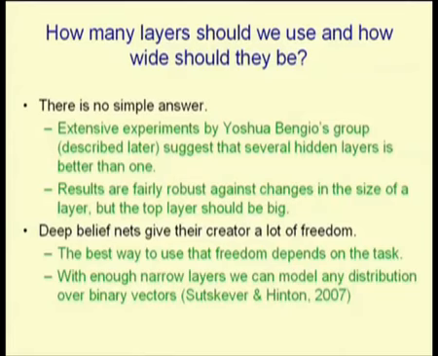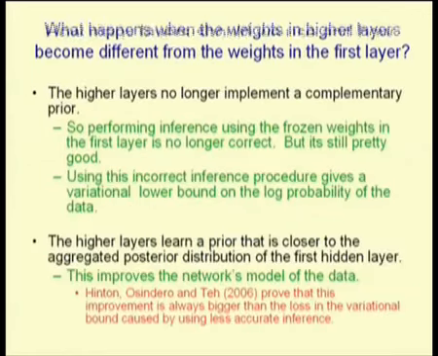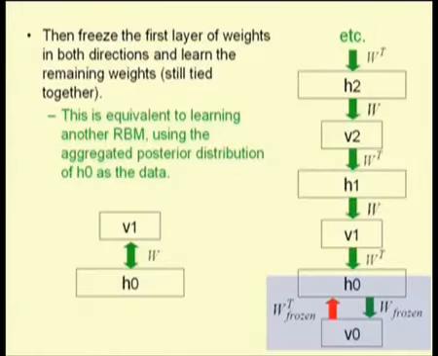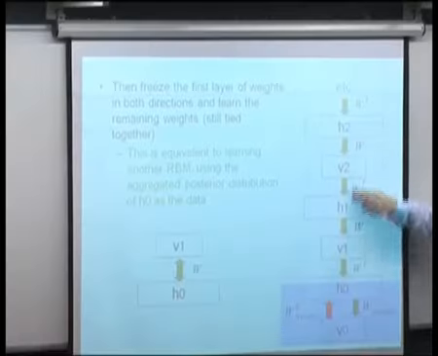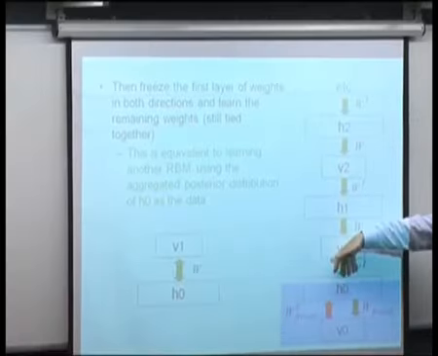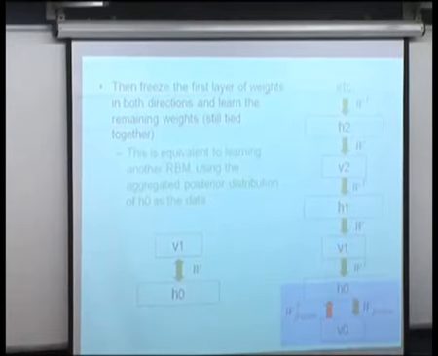This is just to relate it to the first paper in which we talked about all this kind of learning. When I learn those weights in higher layers, the inference that I'm doing at the bottom level is no longer correct. Okay? So if I use the transpose of these weights to do inference, that's the correct way to do inference if these weights are all the same as these weights. As soon as I start changing these, the prior up here no longer exactly cancels the likelihood term here.